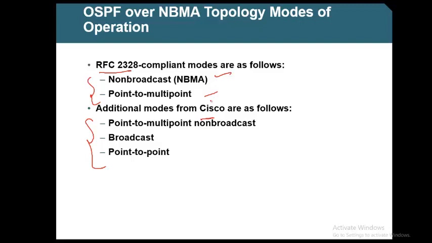Whenever you have frame relay or X.25 or ATM, PPP is not non-broadcast. PPP is point to point. We run frame relay on a serial link, and PPP also runs on a serial link.